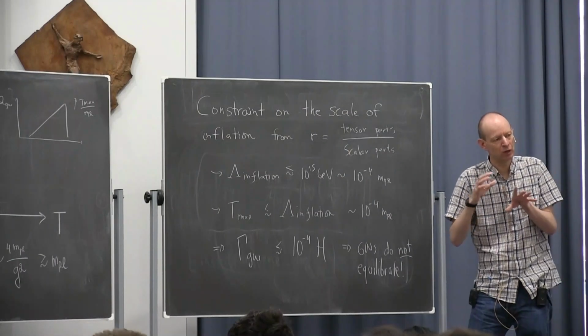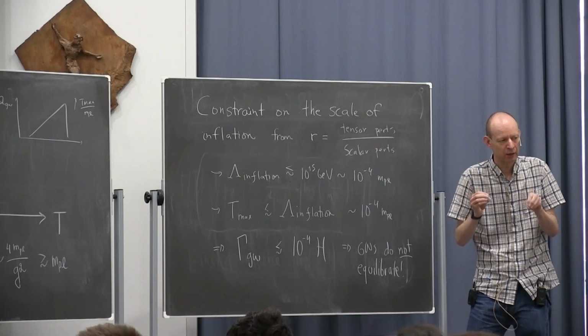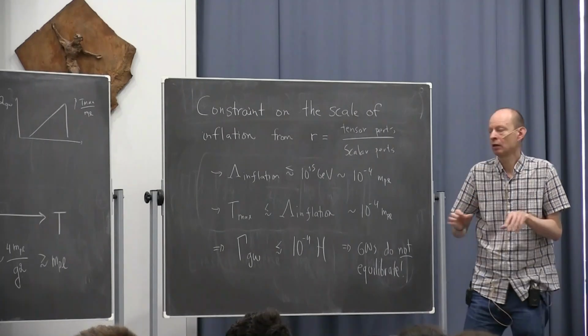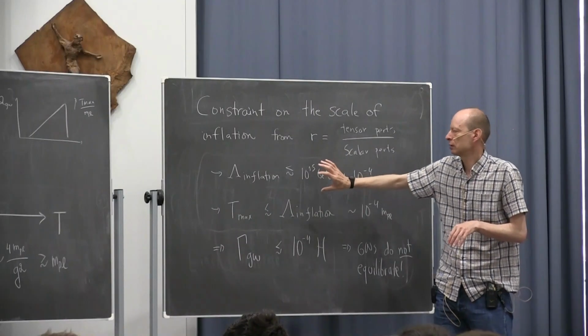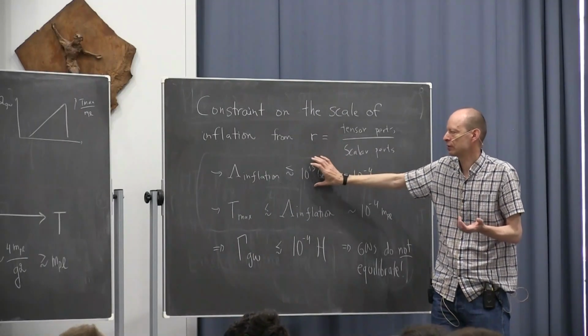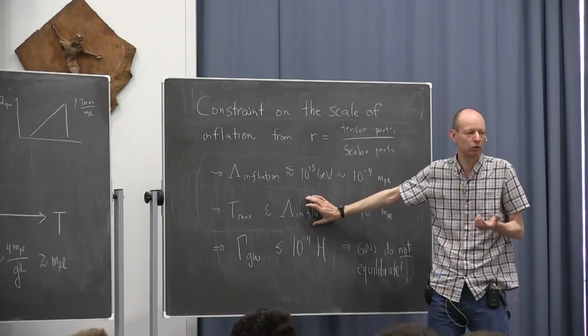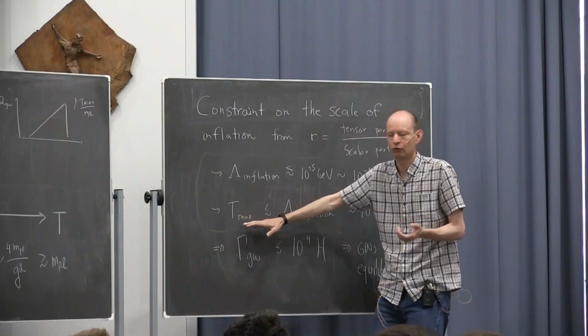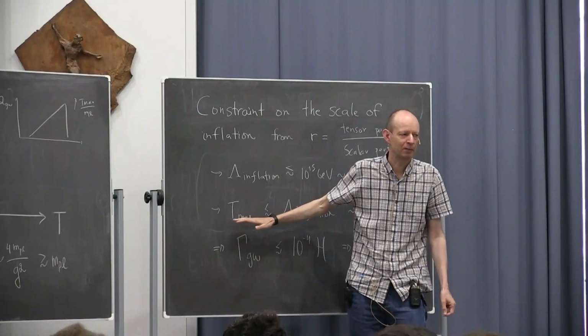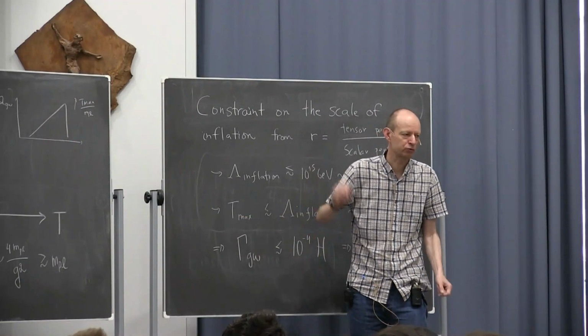But these are, of course, model dependent statements, so they are not easy to make rigorous. But in most inflationary models, there is this kind of constraint, and from that follows this kind of constraint. So a great majority of cosmologists would say that the maximal temperature cannot be anywhere close to the Planck scale.